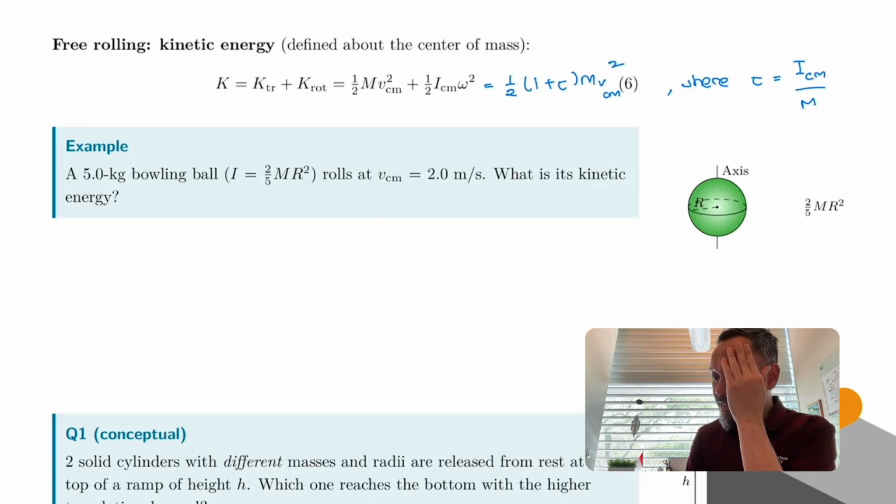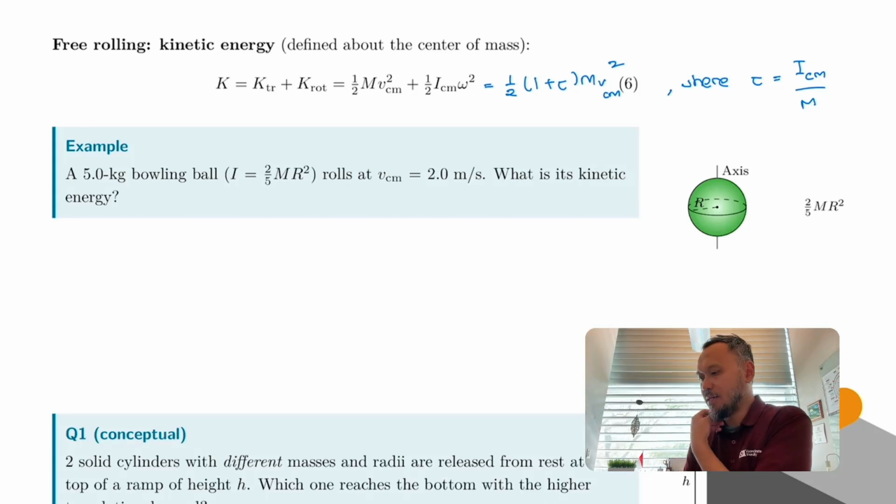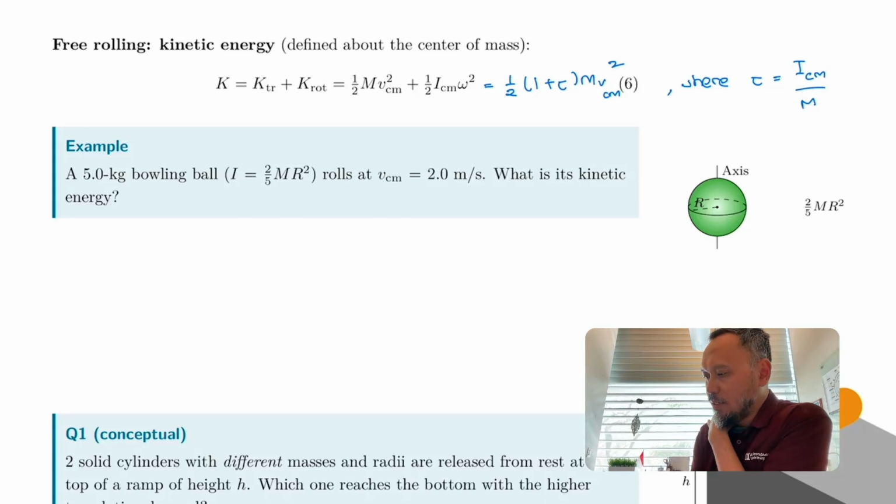What is its kinetic energy? When you first read this problem, you may wonder why the radius is not given. But you will see that the radius actually doesn't matter if the object rolls without slipping.